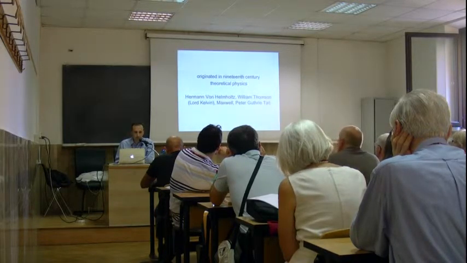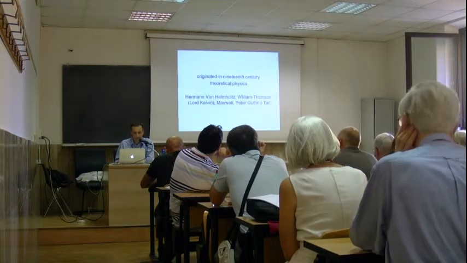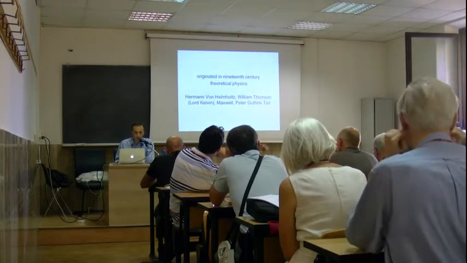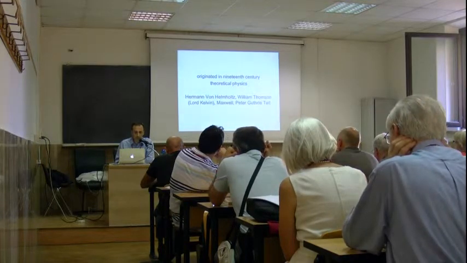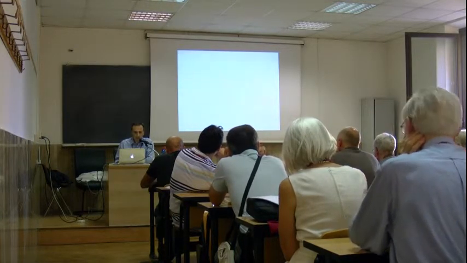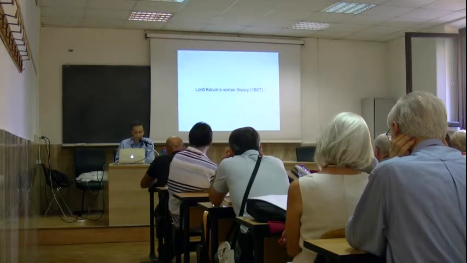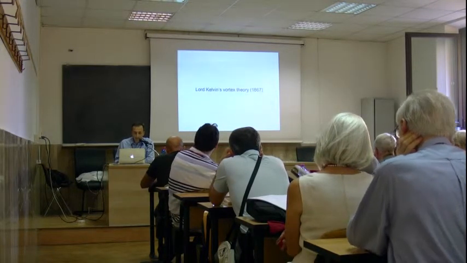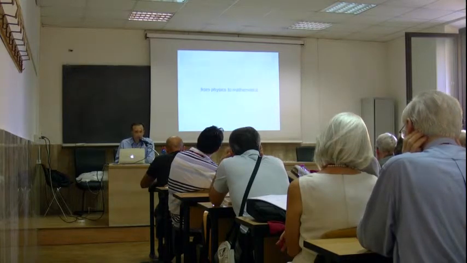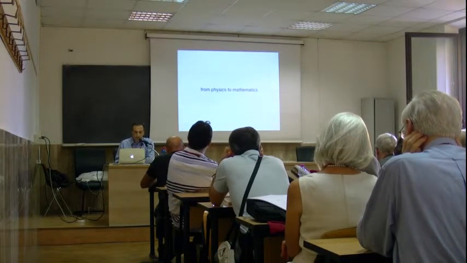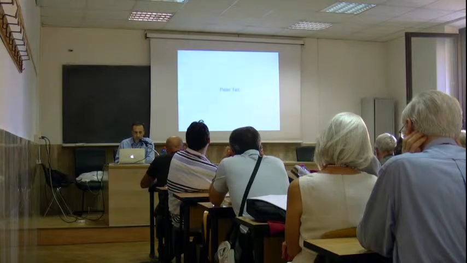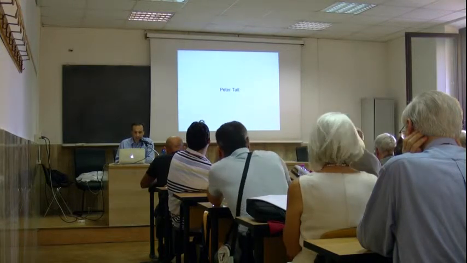Maybe some of you know the story. The problem originated in 19th century theoretical physics, for Helmholtz, Thomson, Lord Kelvin, Maxwell, Tait. And maybe some of you remember Lord Kelvin's vortex theory. And the problem passed from physics to mathematics, especially thanks to Peter Tait.